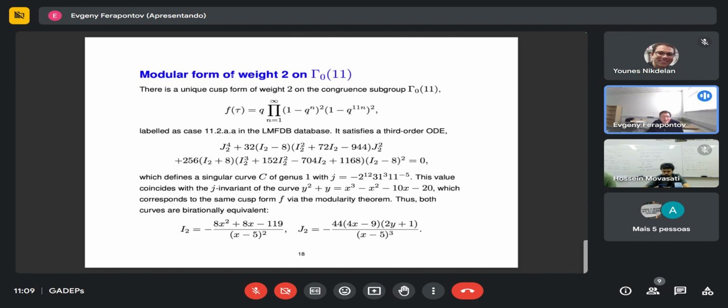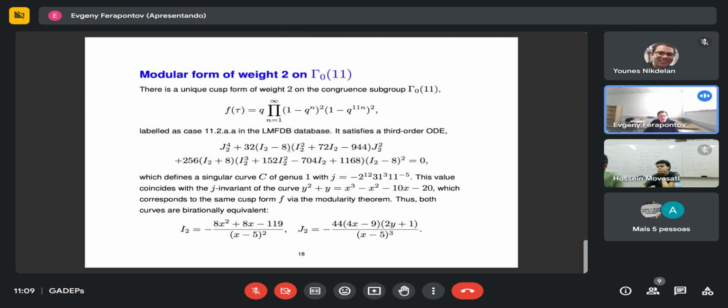So let's take the unique cusp form of weight 2 on the congruence subgroup Gamma_0(11). And here it is. This is the formula. All right, and it has a label in the LMFDB database. It has this label. So everything is known about this modular form. All right. So this modular form satisfies this third order ODE.